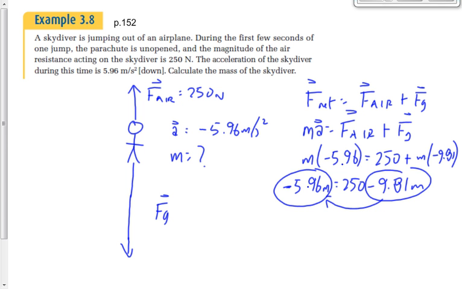So it becomes negative 5.96 plus 9.81 times m. We get 3.85 times m there equals 250. And then we're going to say 250 divided by that is 65 kilograms. 64.9 kilograms.